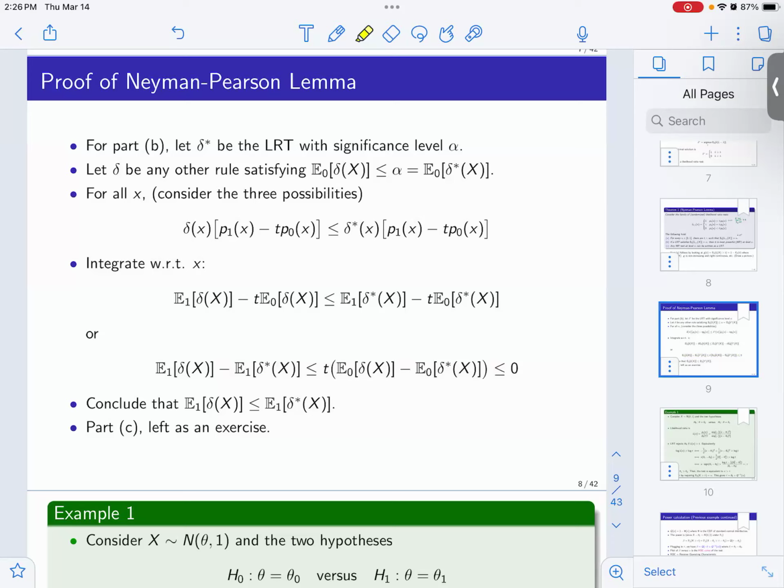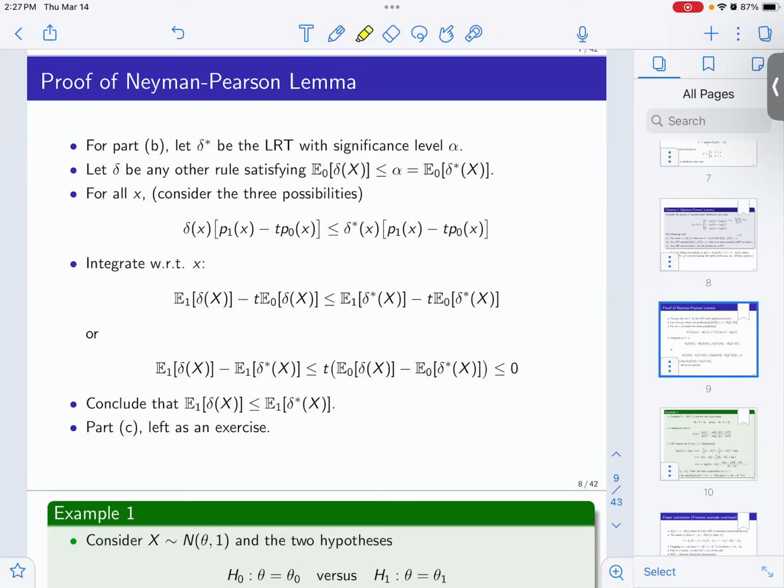So this thing is less than or equal to 0 because of this. If you rearrange that, you'd see that this is less than or equal to 0. So it says that E delta star x is less than or equal to E delta. So this is a proper proof inspired by that argument.